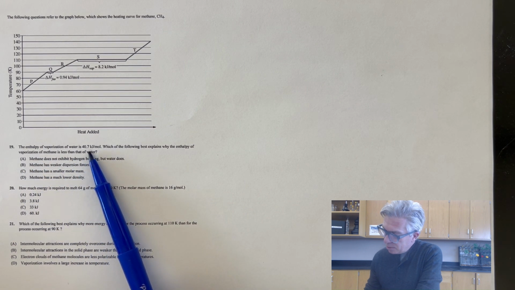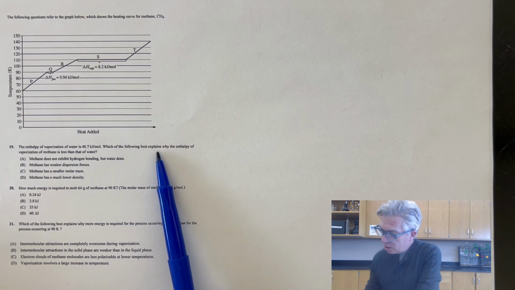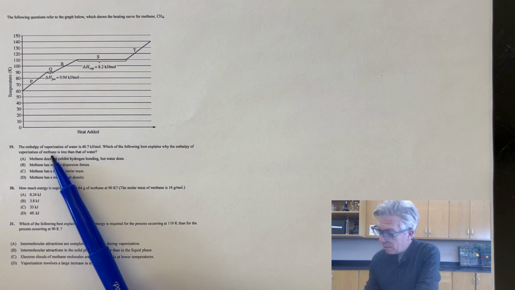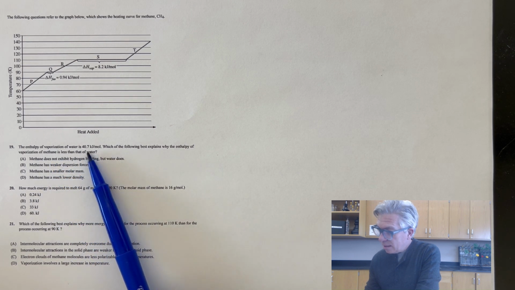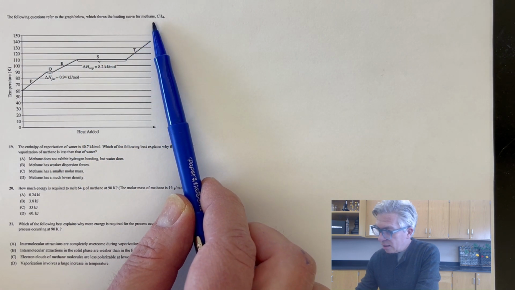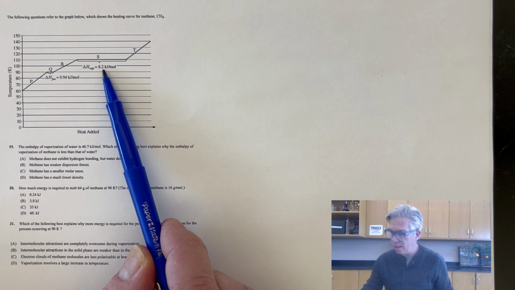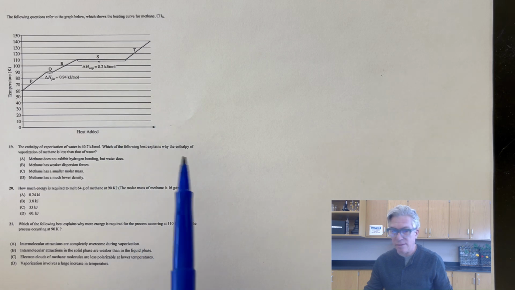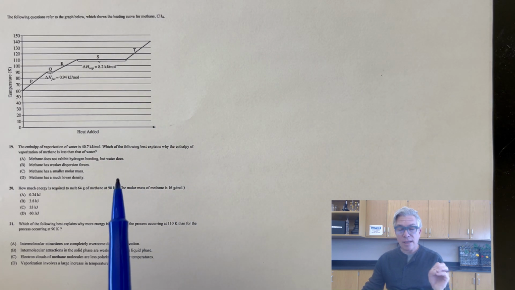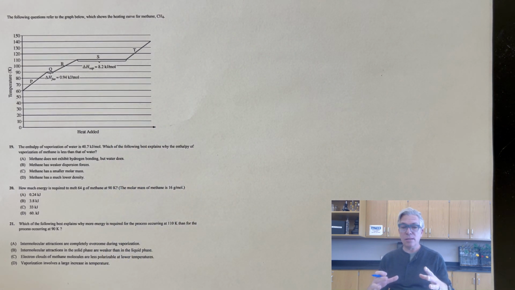The enthalpy of vaporization of water is 40.7. Which of the following best explains why the enthalpy of vaporization of methane is less than that of water? So this is actually for methane, and its heating curve. So they're saying this is less than the 40.7 for water. Water has a high enthalpy of vaporization because it requires a lot of energy to break those hydrogen bonds that they have with each other, and so it's hard to break them apart.